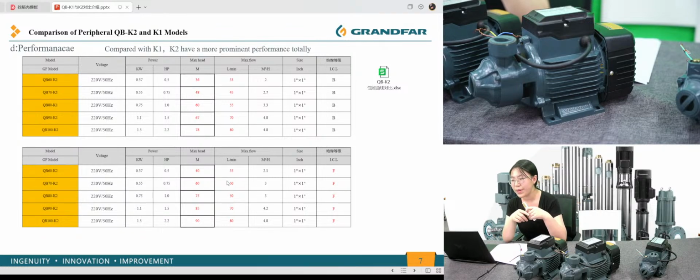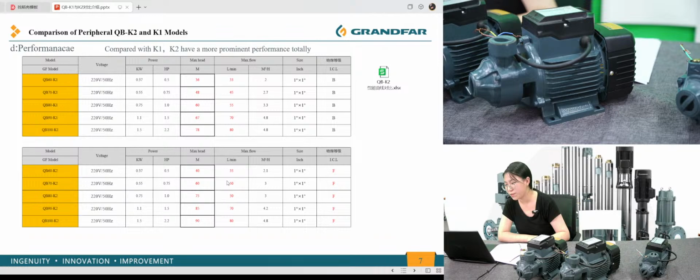The biggest difference is the max height and max flow. Compared with the old one, the new one has a higher improvement, just like the graph shows.